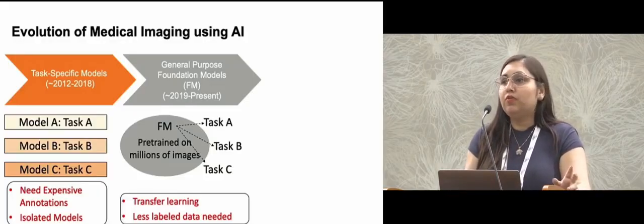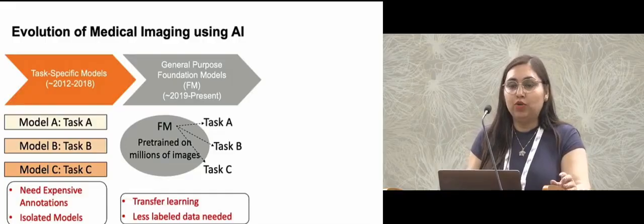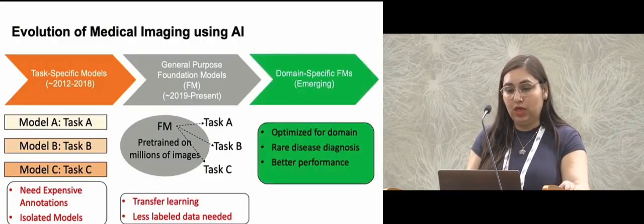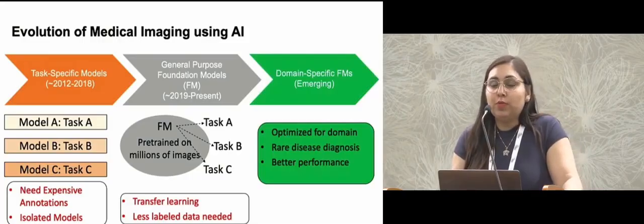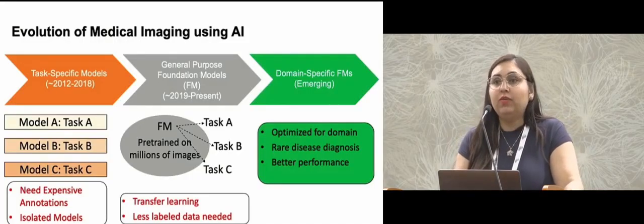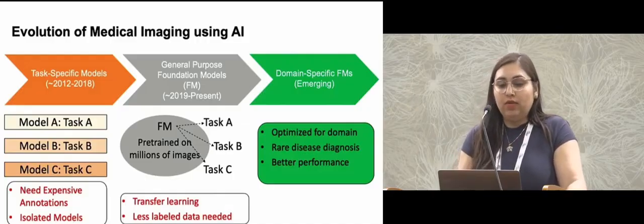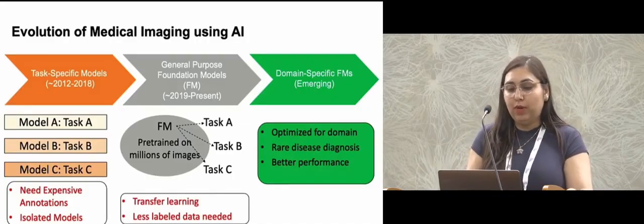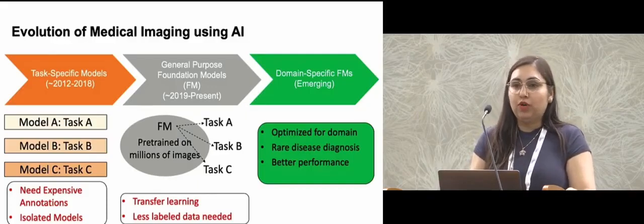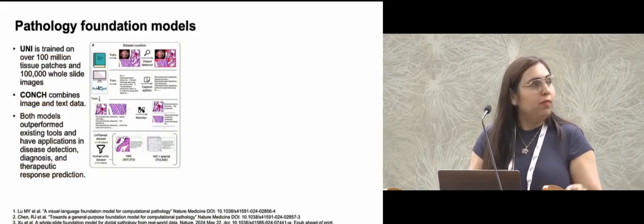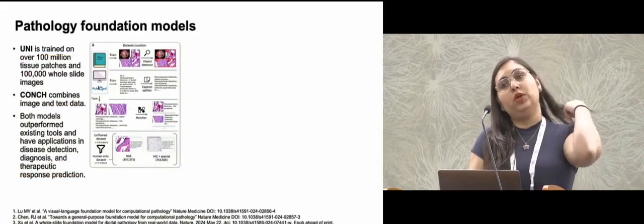But these general purpose foundation models may not be able to capture specific morphological patterns that are important for neuropathology. So that's where domain-specific foundation models come, and currently we are working on a neuropathology-specific foundation model. And we hypothesize that this would be able to diagnose rare diseases, and it could have better performance for neuropathology-specific downstream tasks.